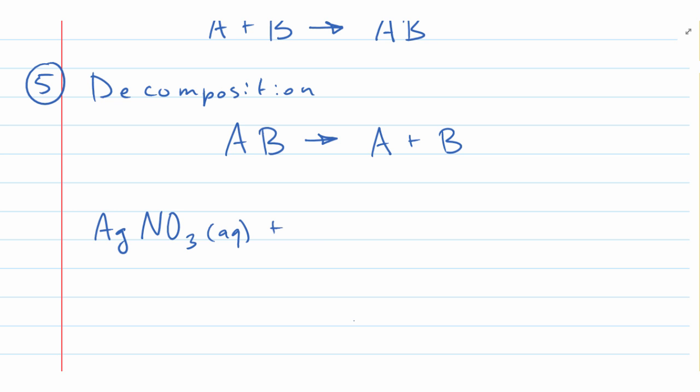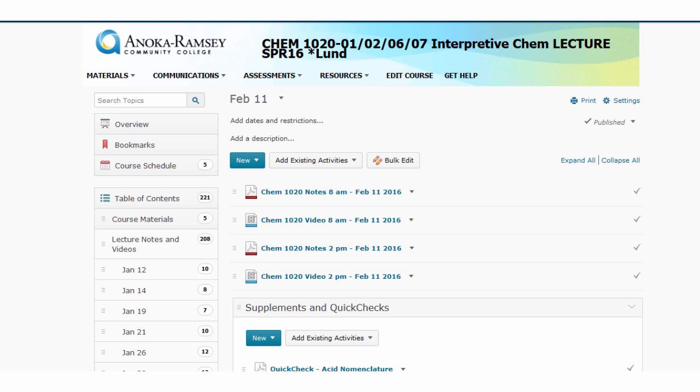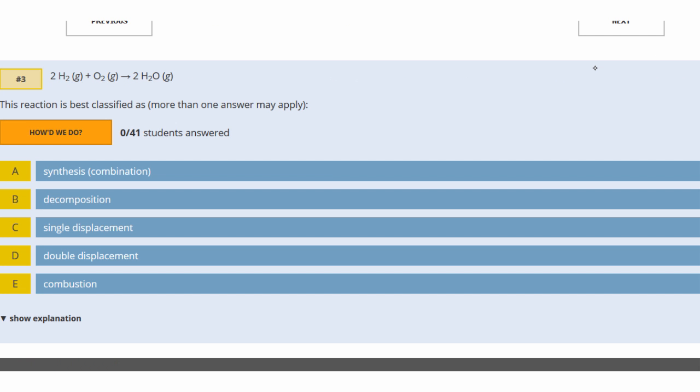While it's doing its thing, I have 3 questions here for you. And again, we react it with copper solid. So the 3 questions start with this one, and this one has 2 answers, so select both answers. Look at it carefully.